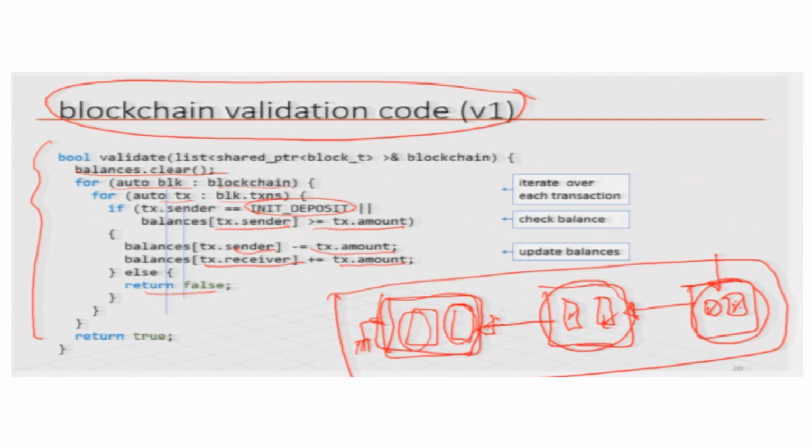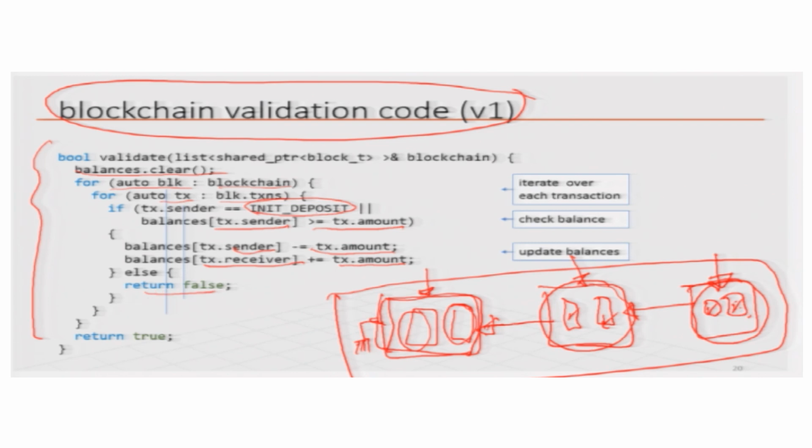So, I am picking one block and going through all its transactions, then I pick the next block and go through all its transactions, and for each transaction I am checking whether it is an initial deposit or the balance of the sender is greater than the amount. Then I make the appropriate changes in the balances, and otherwise I return false.